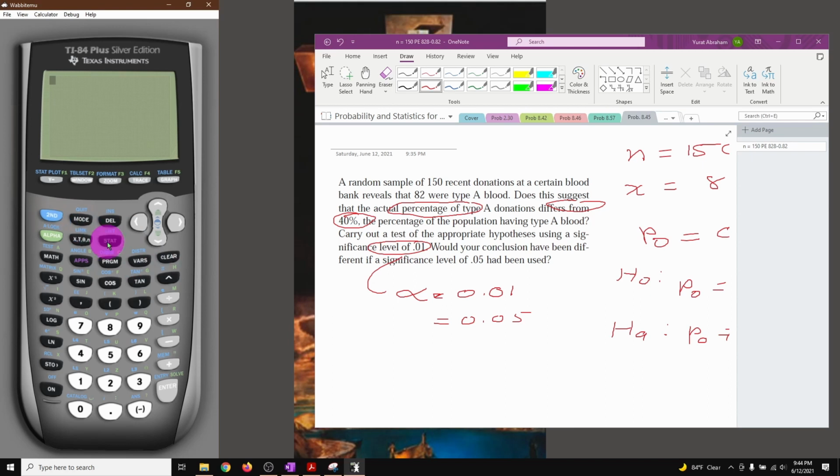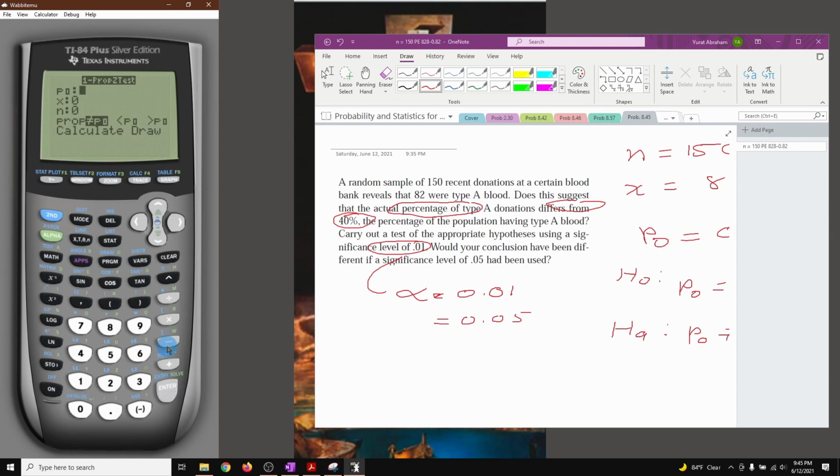I'm going to press stats, move to the right to tests, and look for the one proportion z-test. You probably have noticed that the sample has both z and t, but the proportion only has the z-test. Also remember, we're doing proportions because we work with percentages in decimal format.